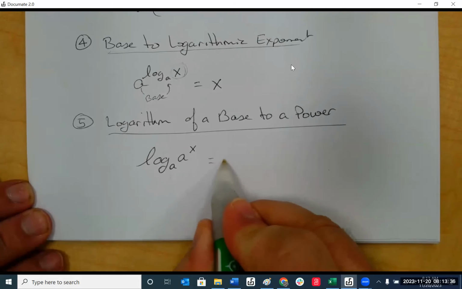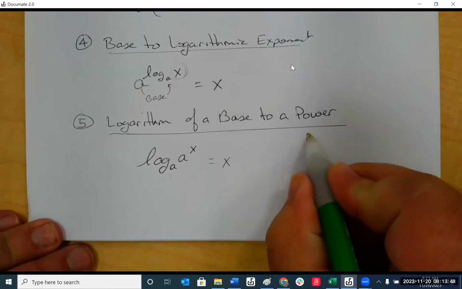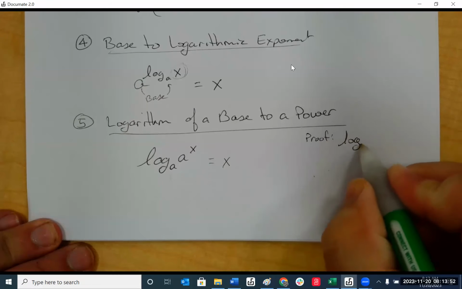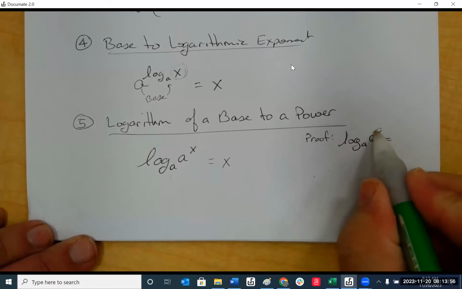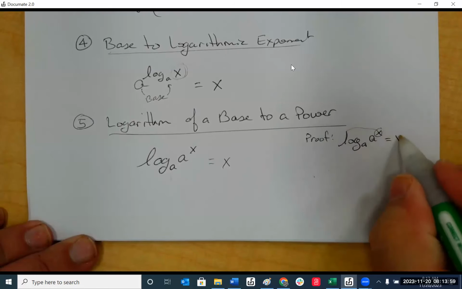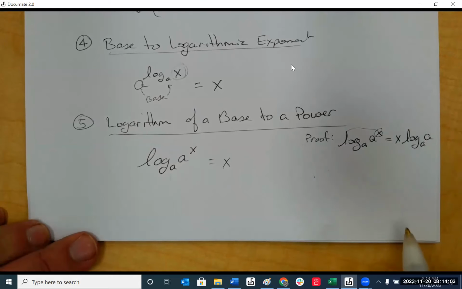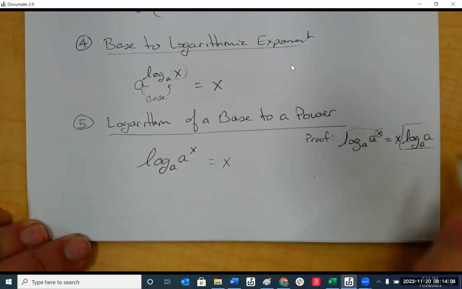What this one says, it's x. Now, the reason this one is x is because of here. You can't have an exponent, so the exponent goes out in front. And last time, we talked about this one.